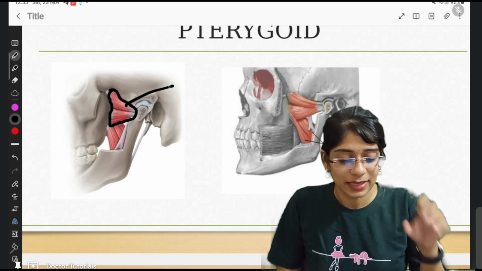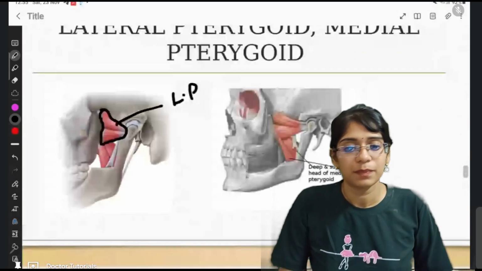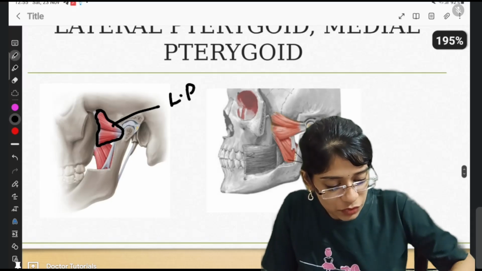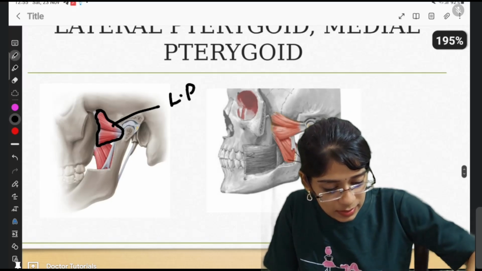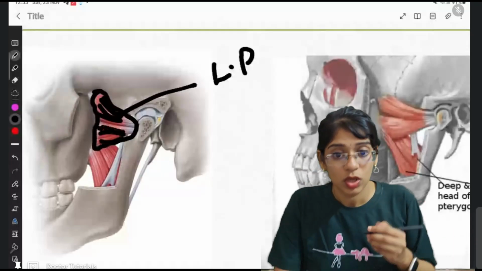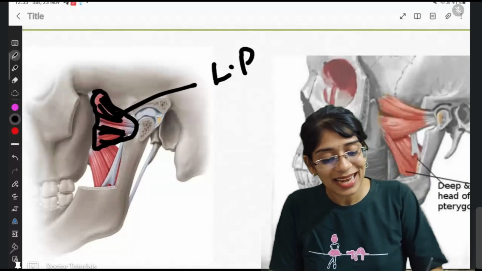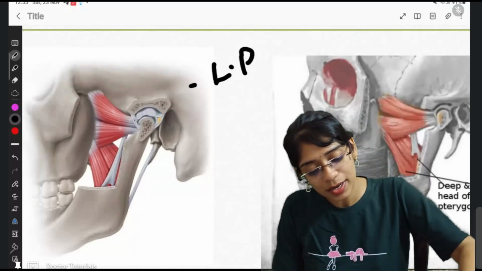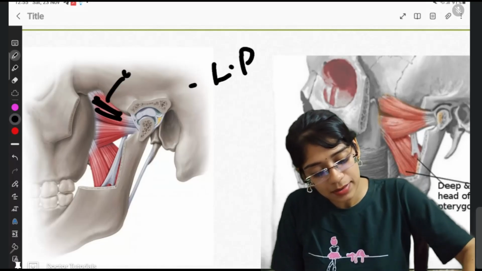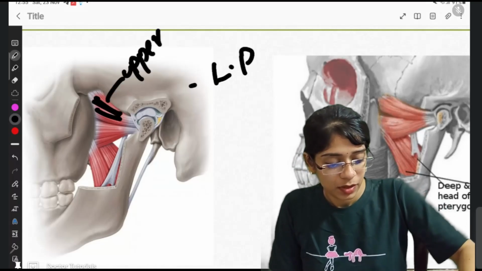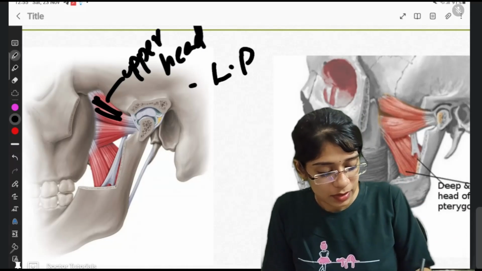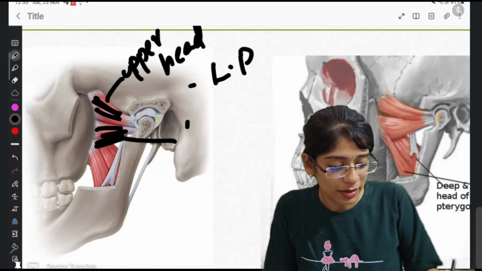I don't know why it's taking time, there's some lag. So this that I have drawn here, look here guys, these two, though it looks like two muscles, is actually one muscle, your lateral pterygoid. Lateral pterygoid has an upper head and a lower head.